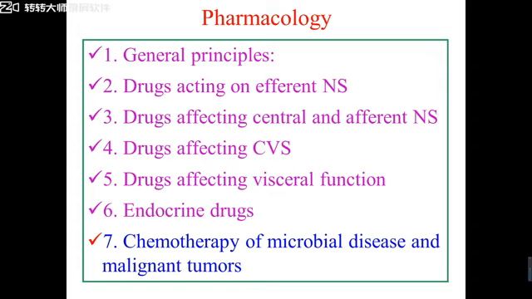In the endocrine system, you will study 3 hormones. The first hormone, the most important drug in clinic, is glucocorticoid. So we will study hydrocortisone and dexamethasone. They are glucocorticoids. The second hormone is thyroid hormone, and in this chapter, we will study how to treat hypothyroidism and hyperthyroidism.